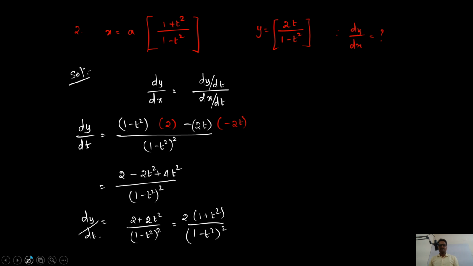If we find out dx by dt, similarly, dx by dt, same u by v method. a will be constant, so we are keeping it as it is because it's been multiplied with the function of t.